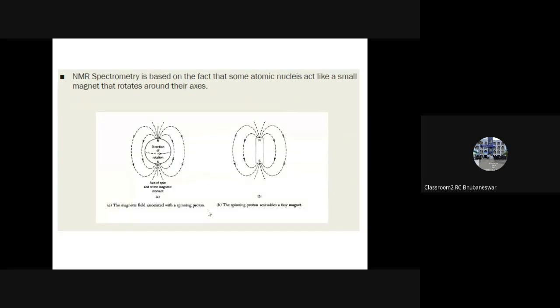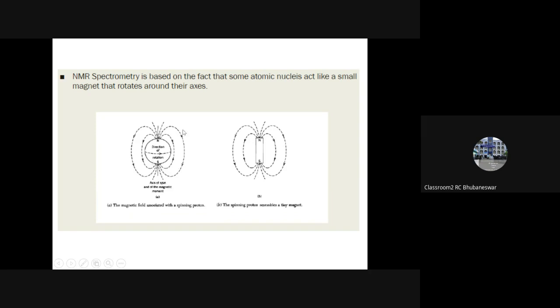So, this NMR spectroscopy is based on the fact that some atomic nuclei act like a small magnet and rotate around their axes. If you see this figure 1, that is the magnetic field associated with a spinning proton.